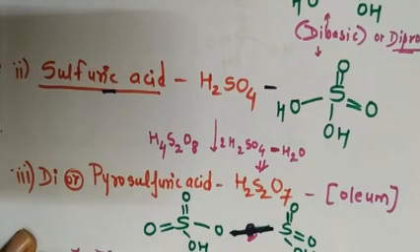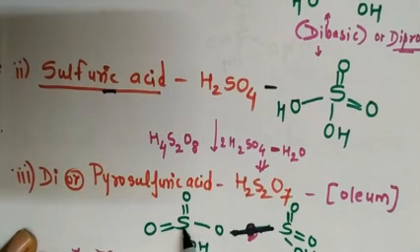One sulfur compulsorily will contain an OH group. Now the remaining oxygens are there, so obviously 3 will be occupied by sulfur, and for the second sulfur also we write a similar structure with one OH. One OH you should give compulsorily for any structure of an oxo acid, and then the remaining valencies.